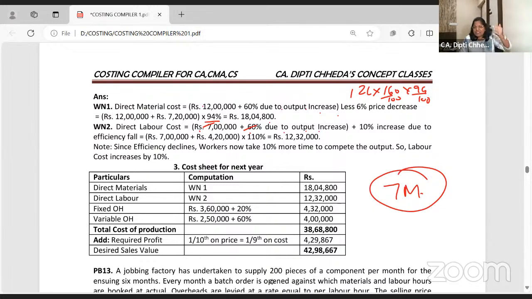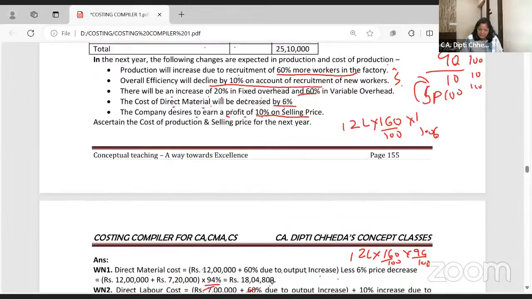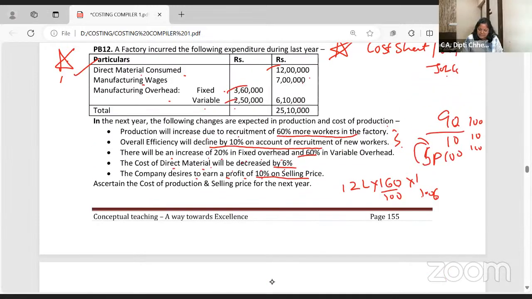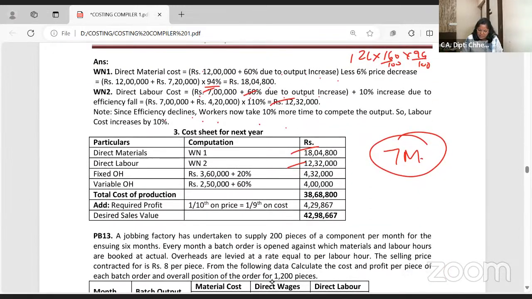If efficiency decreases, production decreases, so your cost will increase. Take it as 110%. Since the efficiency decreases, workers now take 10% extra time, so the labor cost will go up by 10% and 60% because production is increasing. Okay. Factory overhead 360 has a 20% increase, and variable overhead is also increasing.